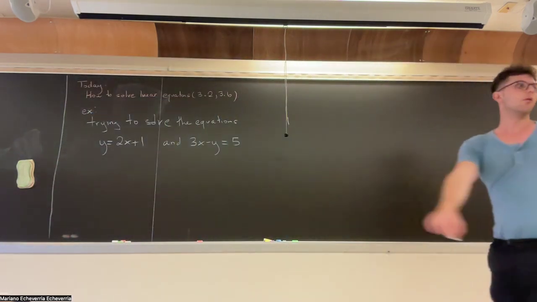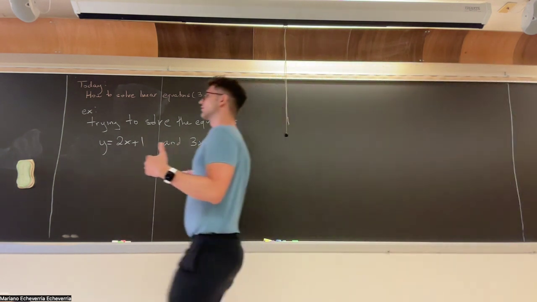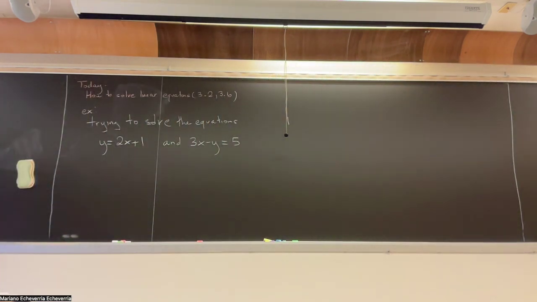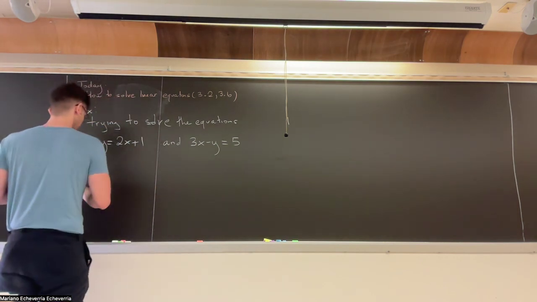Okay, so what is the first thing to say about solving a system of equations, when you're trying to solve more than one equation at a time? What that means is that you're trying to find a value for x and a value for y that simultaneously make both equations true, or satisfied.